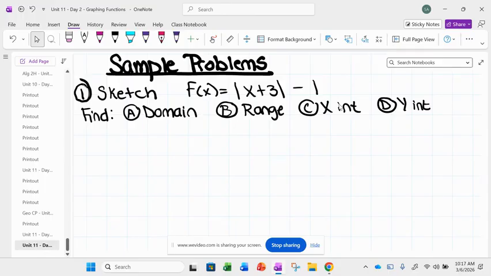So before I sketch anything, I'm going to find my domain. I'm going to find my x-intercept, my y-intercept. I won't be able to find my range until I sketch, unless you could visualize it and then you could figure it out before that. But let's go ahead and find our domain.